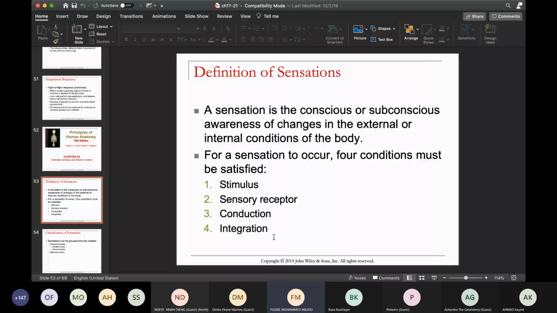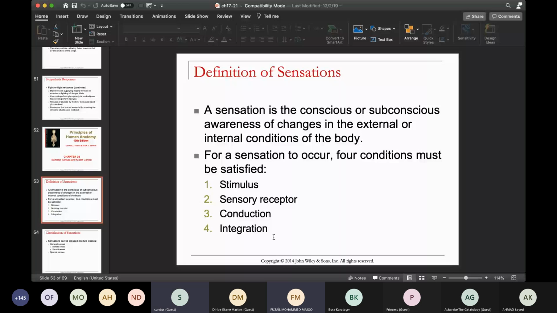The result is a flow of ions across that membrane, which produces a nerve impulse. That nerve impulse gets conducted along the sensory pathway towards the central nervous system, the spinal cord and brain. Again, these are the 4 things that take place.